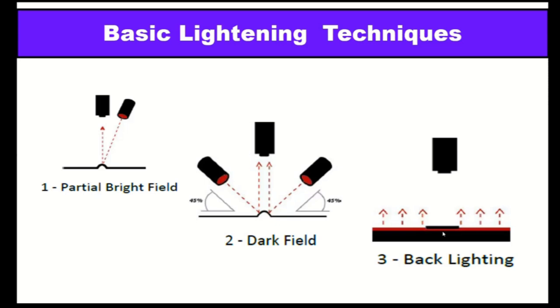But if the surface is shiny, in that case we need to adjust the lighting source at 45 degrees, so that some dark part will be created, the shiny part can be captured correctly, and there will not be irrelevant reflection.